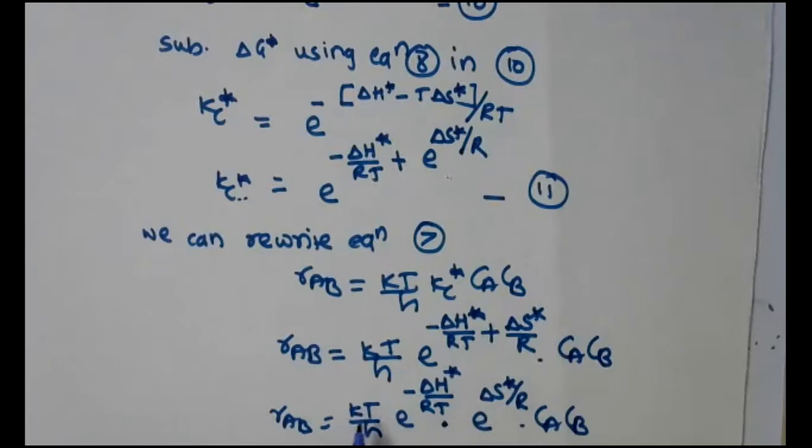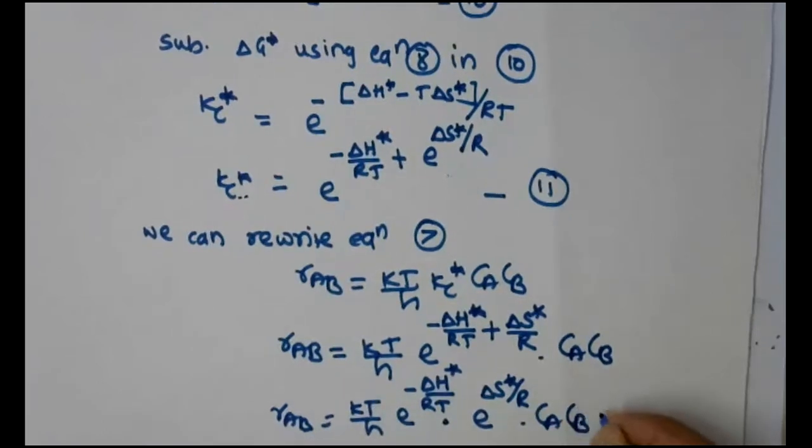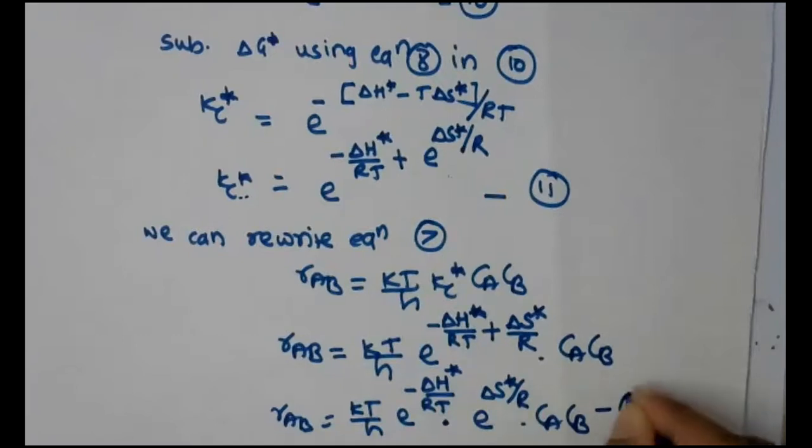This K by H is constant. And therefore this K by H e raised to delta S star upon R resembles K0, that is the frequency factor. Or we'll add one more step just before arriving at the final conclusion for the sake of understanding.